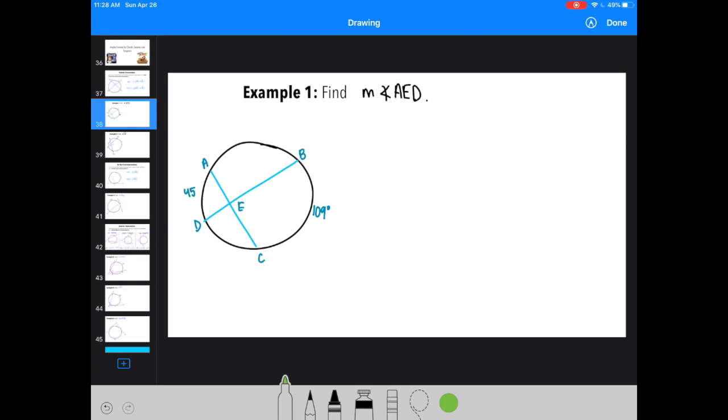In example 1, I'm wanting to solve for the measure of AED.